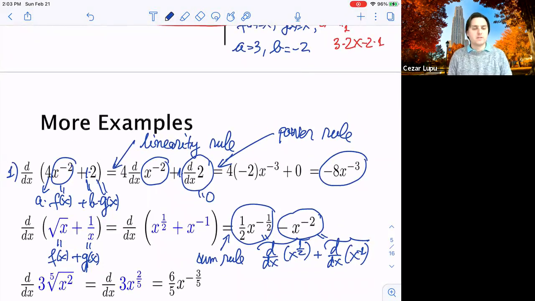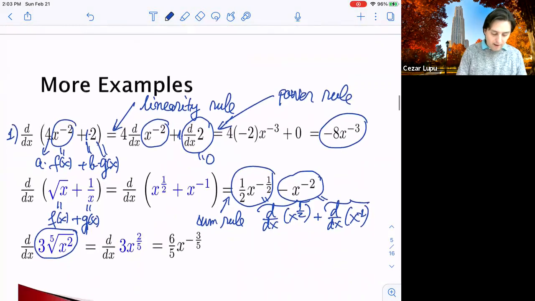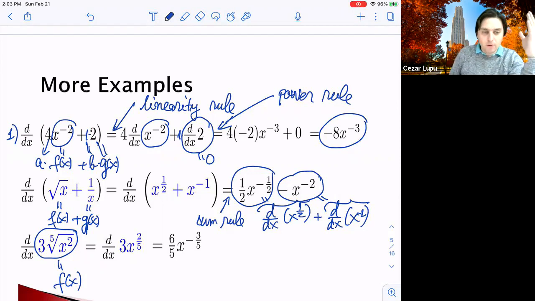What if we have something like this? Just look at this function here inside. You see when you have this function, this is our function f of x. Now I'd like to find the derivative. Like I said, when you have radicals, you don't want to waste your time with, oh my God, let's compute the derivative of the radical.